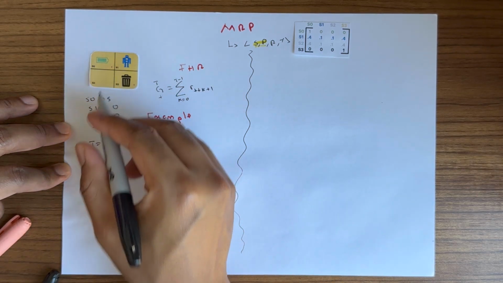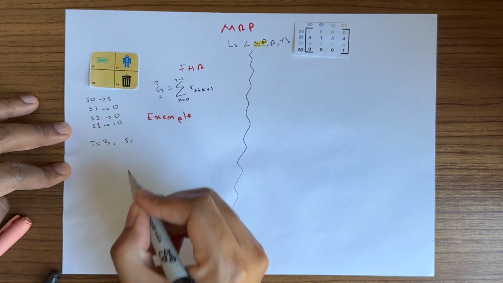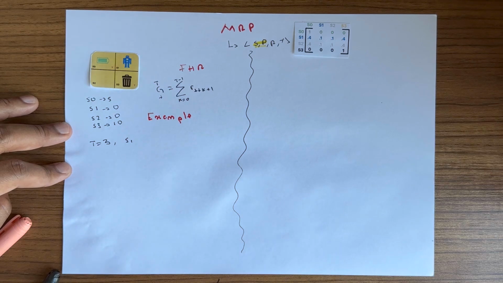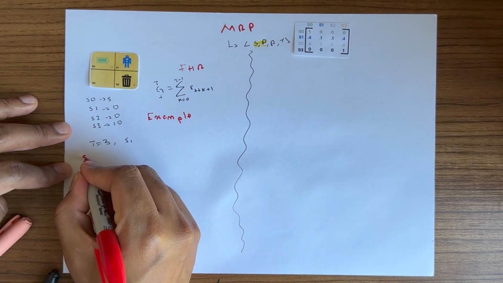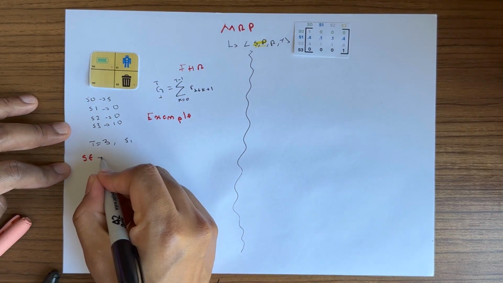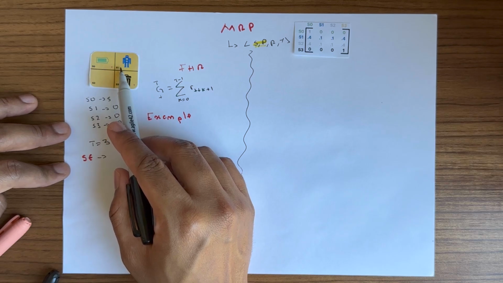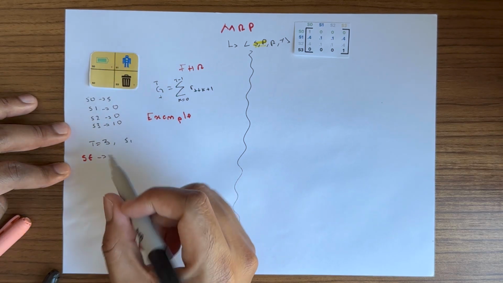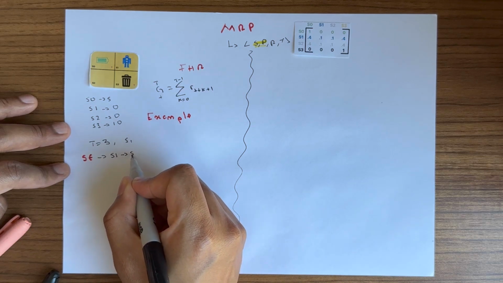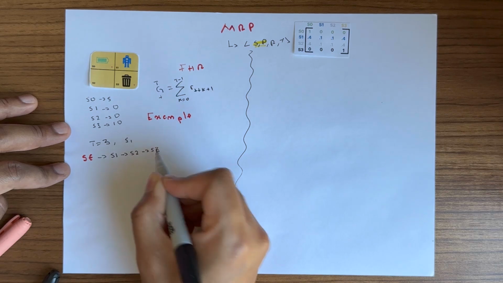And depending on where the agent is, maybe the agent is currently in S1, we can compute the return. Let's create a sample episode. A sample episode can be something like this. The agent is in state S1. From S1, maybe it can go to, let's say, S2. From S2, then it can go to S3.